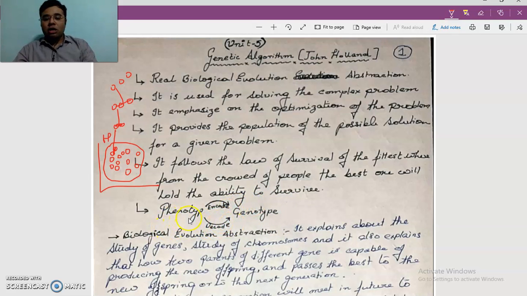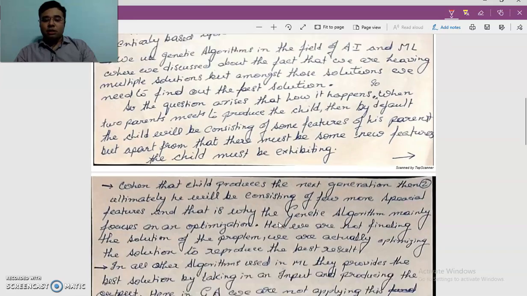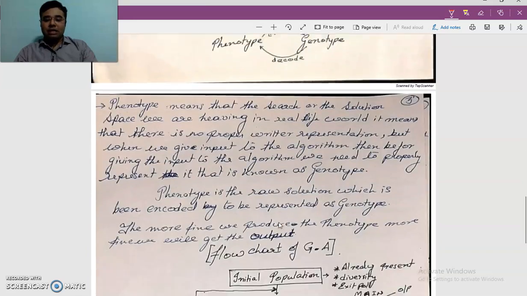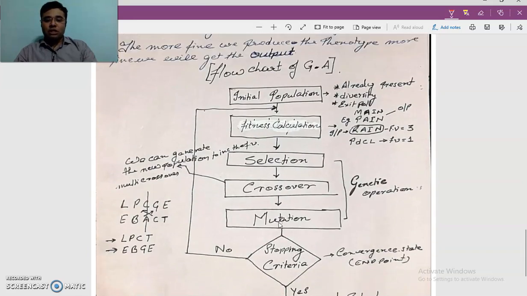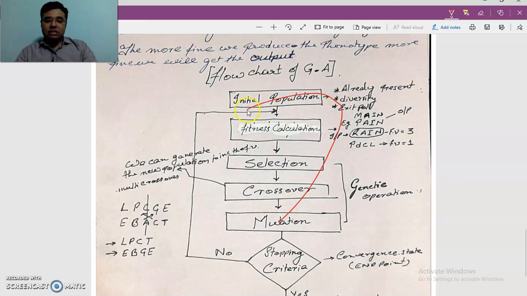So this is how the phenotype and genotype work. Now let us understand the flow chart of the genetic algorithm so that we can get the whole clue about this particular topic. So this is the flow chart I'm representing over here.